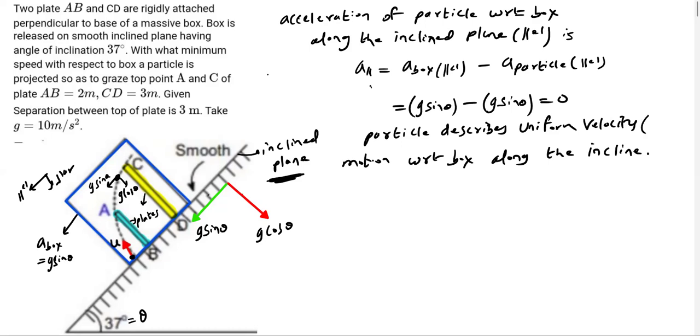How much is that velocity? We will take this angle as alpha, so it is equal to u cos alpha. This u is the unknown quantity which we have to find out.